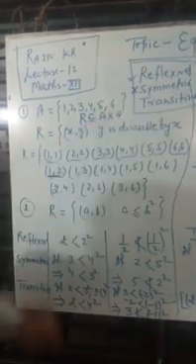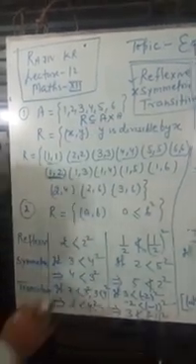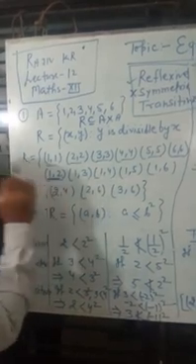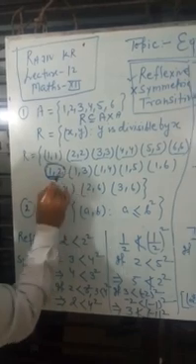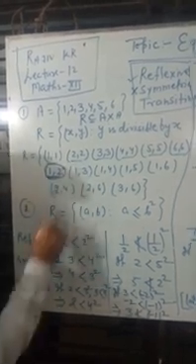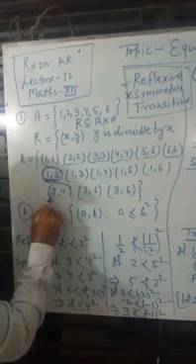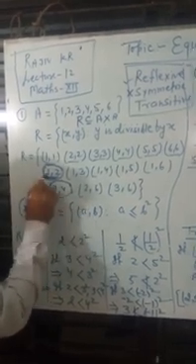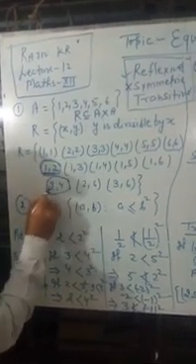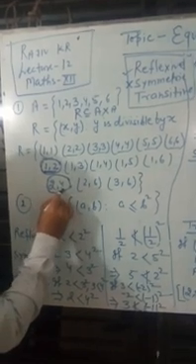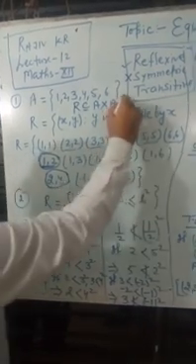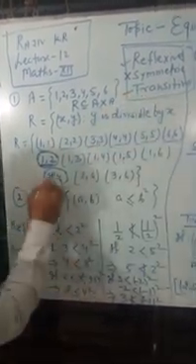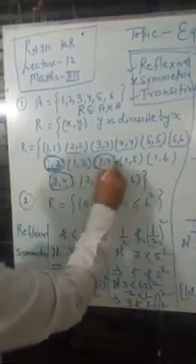Now you go to transitive. Suppose the first divides the second: 2 is divisible by 1, then 2 divides 4. 1 divides the second, second divides 4. Now if 1 divides 4, that will be transitive. So you see here, 1 divides 4.